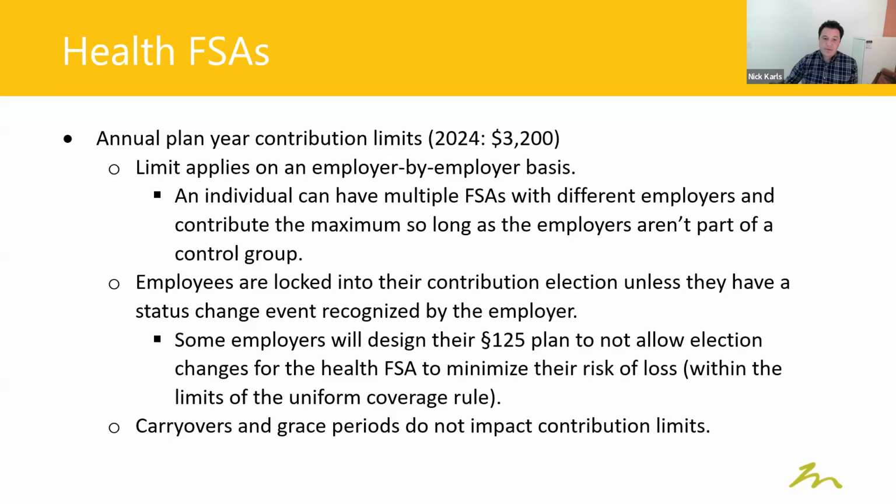Yep. So for 2024, you would have that $3,200 for 2024 starting July 1st. And then it wouldn't be until July 1st of 2025 that you'd go up to 2025's contribution limit. And then carryovers and grace periods do not impact those contribution limits.